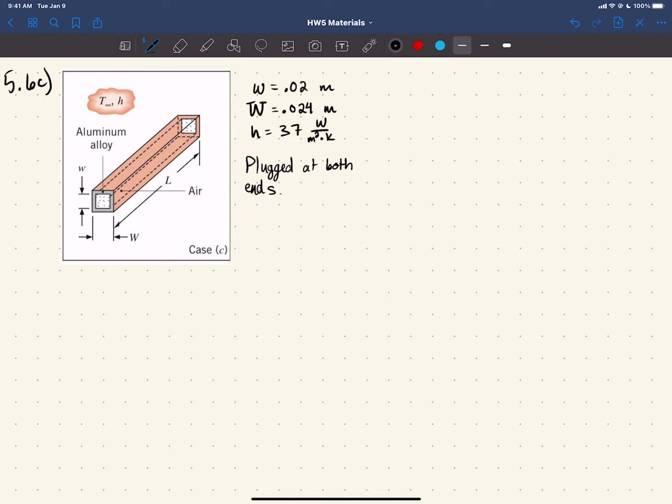And this one is another one where you can decide to include or not to include the two end caps. In this one, it's even less of a big deal because the area of that end, with it being hollow and having such a small thickness, like if you look there, the thickness is 2 millimeters, 0.24 minus 0.2, and then it would be divided by 2 because you have it at each end in the dimensions there.